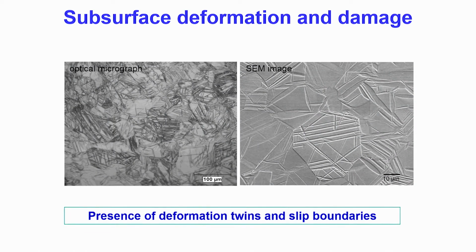Now, from a metallurgical point of view, what is more important for us to show was the subsurface deformation and damage. And what you notice here, in this particular case for one of the titanium materials, is that if you carefully etch the surfaces, we see a lot of twins in individual grains.